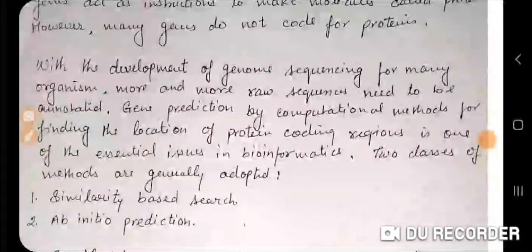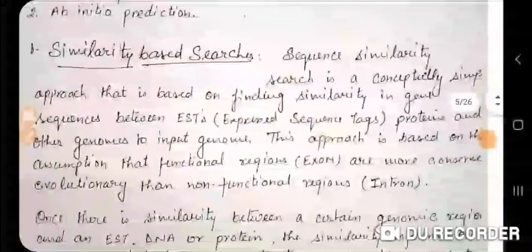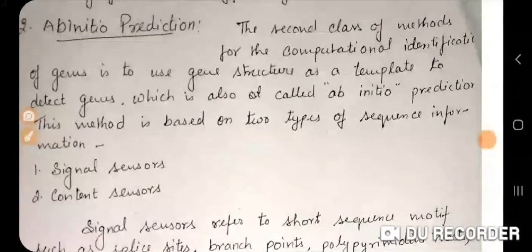What does the ab initio approach mean? Ab initio means from the beginning, from scratch, meaning there is nothing available and you have to start from the beginning. This method is a little bit tedious because you have to build everything.